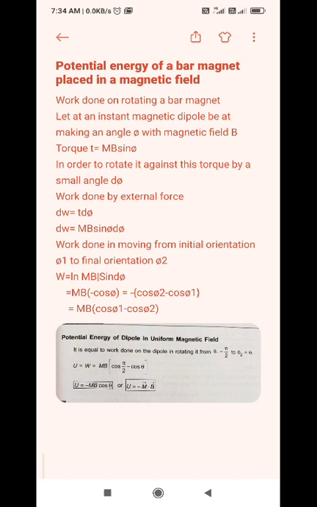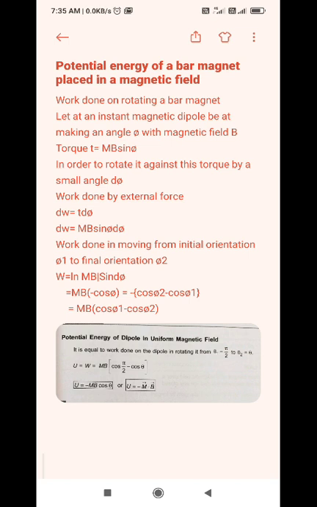In order to rotate the bar magnet against this torque through a small angle d theta, the work done by the external force, dW, is equal to tau into d theta. So dW is equal to MB sine theta d theta.